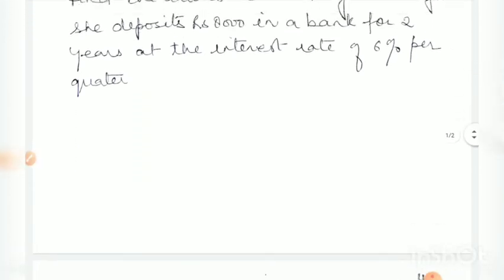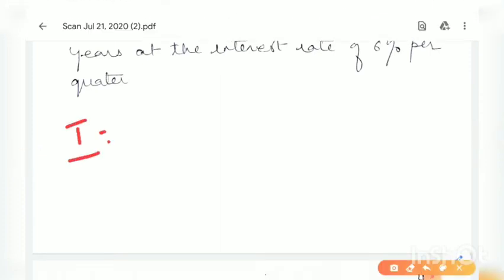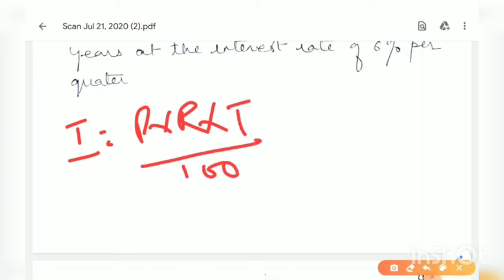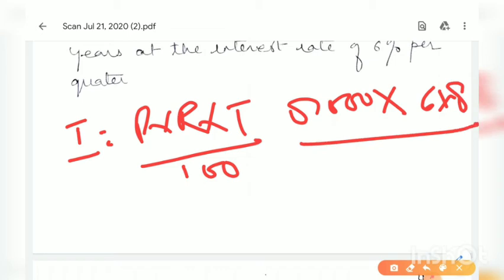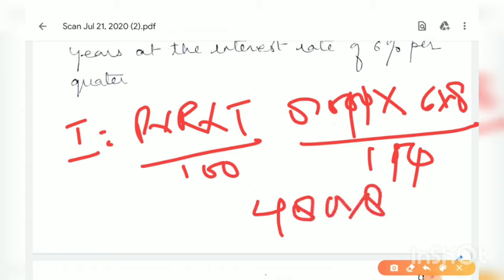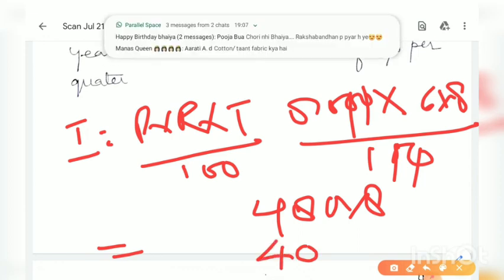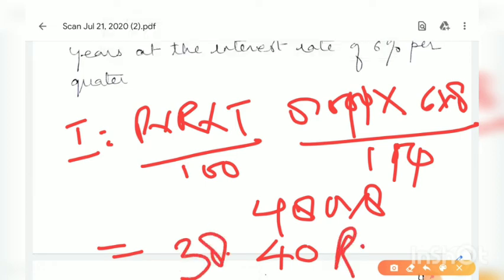To calculate the interest, I is P into R into T by 100. Now 8,000 into 6 into 8 upon 100. Okay, this is 480 into 8, which will give you 4, 6, 8, 4 32 and 6 38. So your interest is 3840 rupees.